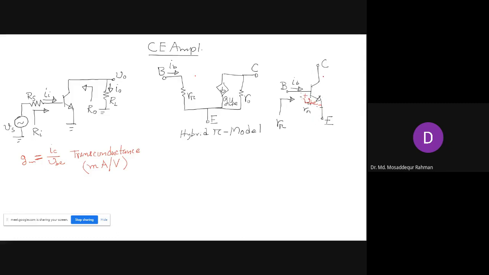If you look into the collector, the resistance that you see is R naught. It's the resistance between emitter and collector, and that is basically the output resistance of the transistor.